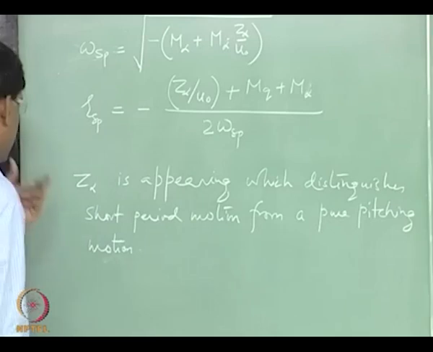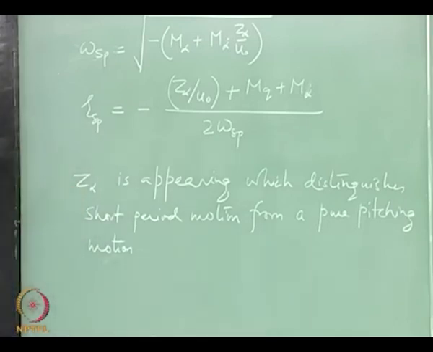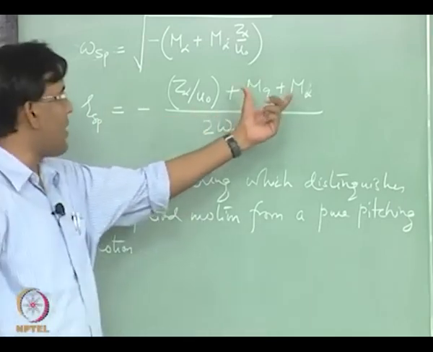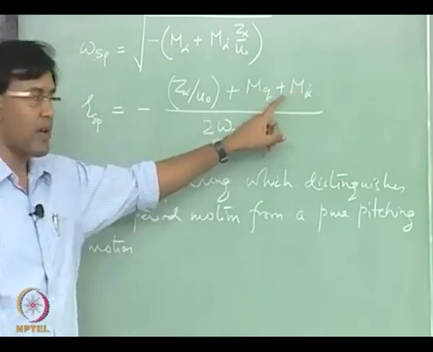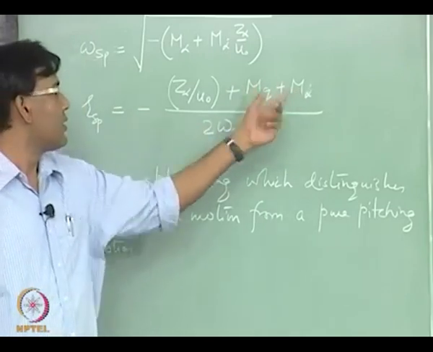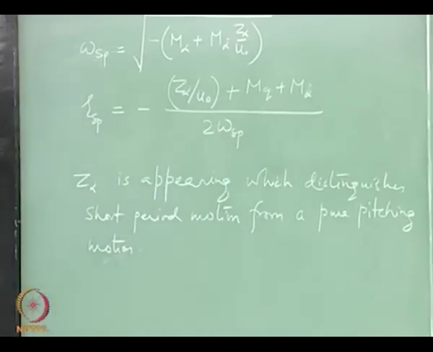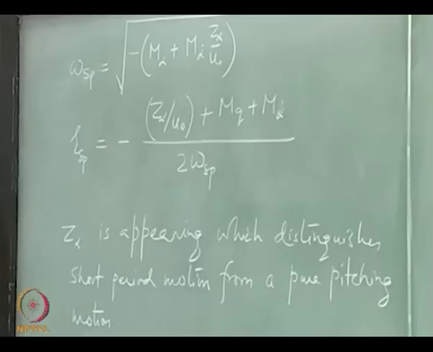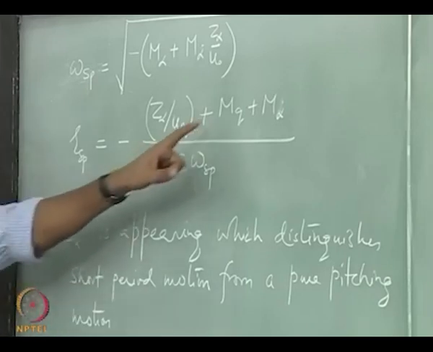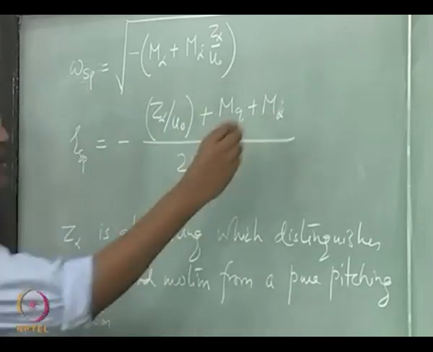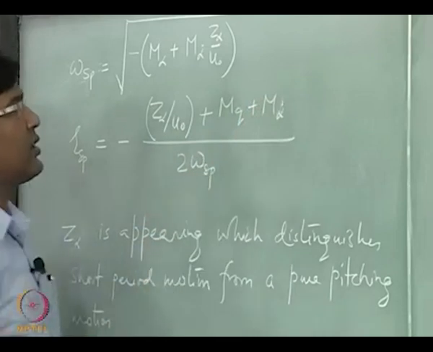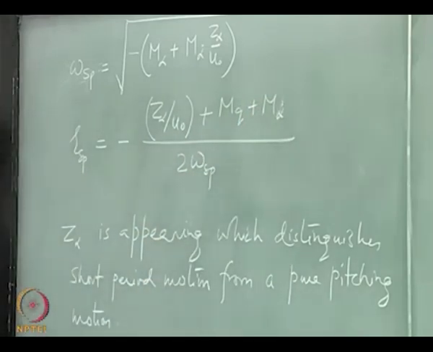An effect of that is that, even though you have damped out the short period motion due to these terms M_q and M_alpha dot, M_q and M_alpha dot are damping terms, isn't it, because rates are involved here. See, the pitch rate is involved here, alpha dot is involved, right, and those terms which have rates involved, they are damping terms, right.